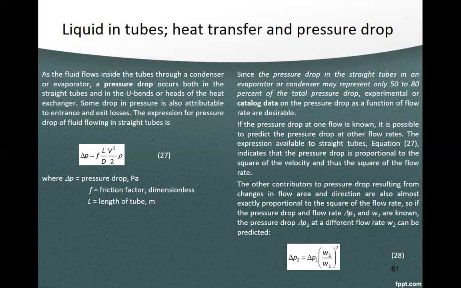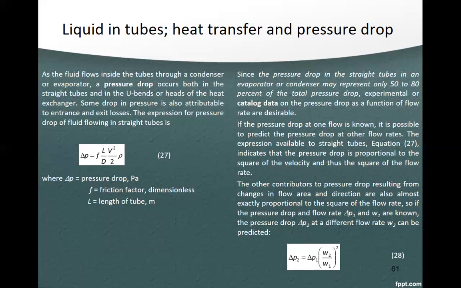Some drop in pressure is also attributable to entrance and exit losses. The expression for pressure drop of fluid flowing in a straight tube is delta P equals f L over D times rho V squared over 2. So delta P is the pressure drop in Pascal, f is the friction factor, dimensionless, and L is the length of tube in meter.